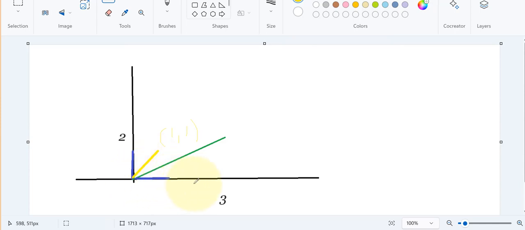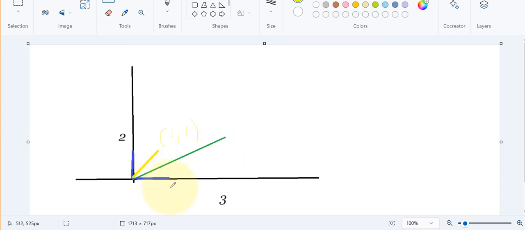I can go a certain amount in the blue direction and then a certain amount in the yellow direction and get to here. So it's just how much I have to go in the blue direction and how much in the yellow direction, which tells me how much I have to multiply this times, plus how much I have to multiply this times, to get here. So we can do that.